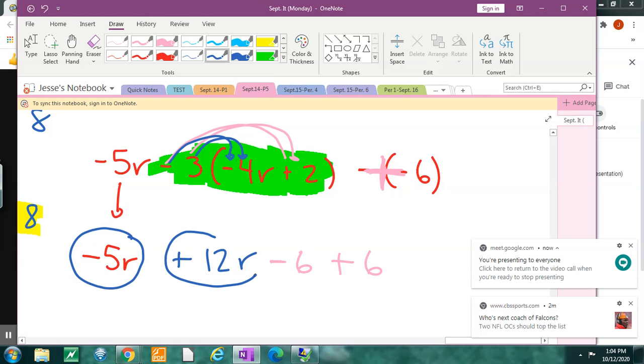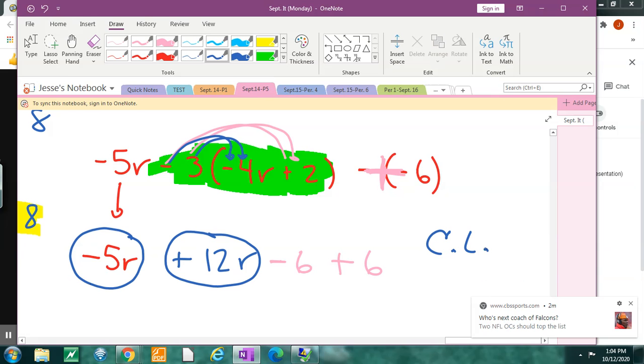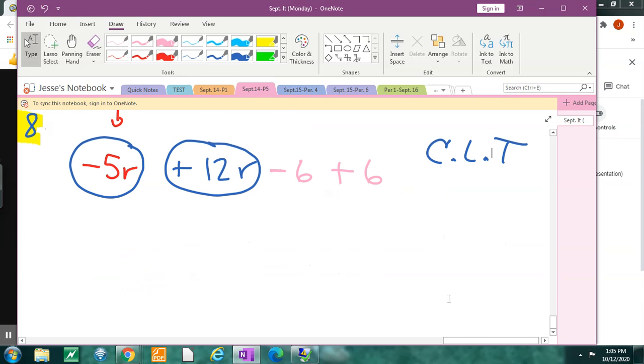Negative 5r plus 12r. So again, we are combining like terms. I do the T-chart. So we got negative 5r and positive 12r. What's my answer? Positive or negative? Alejandra.